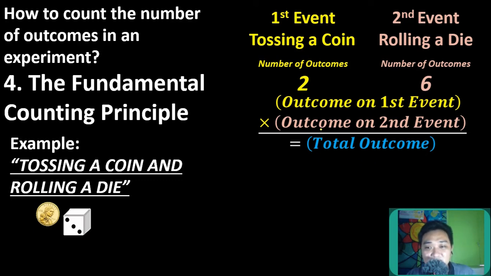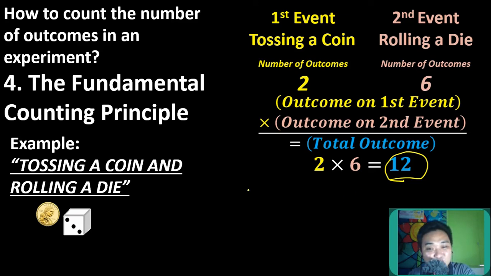So here, 2 times 6 lang is 12. Ibig sabihin, in this experiment, tossing a coin and rolling a die, we have 12 possible outcomes. There are 12 elements in our sample space.